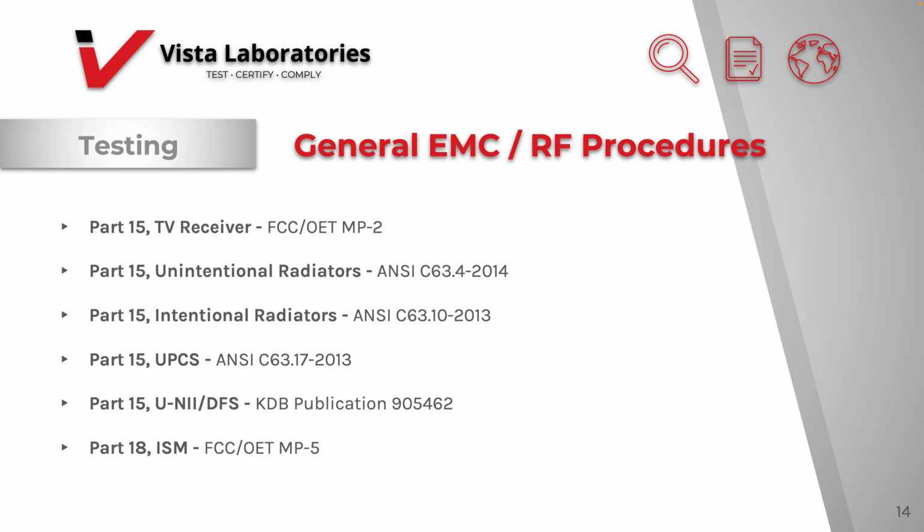For UNII and DFS measurements, we follow the FCC released publication 905462 for unlicensed national information infrastructure devices operating in the 5 GHz band, 5,250 MHz to 5,350 and 5,470 MHz to 5,725 MHz bands incorporating dynamic frequency selection.